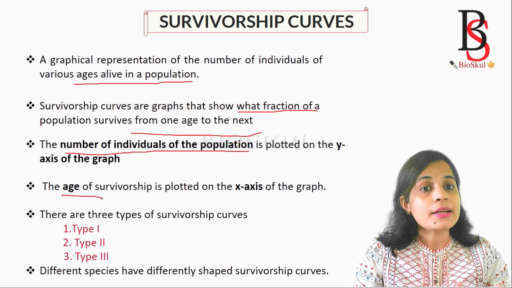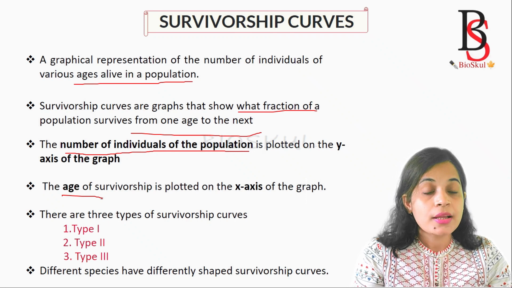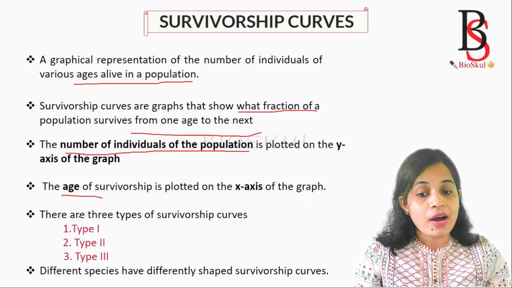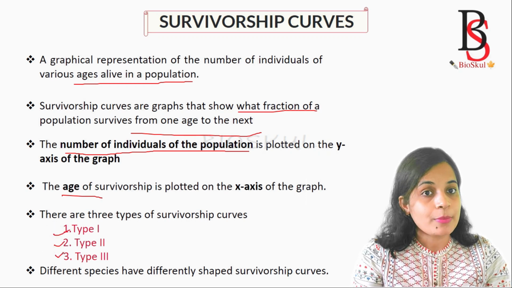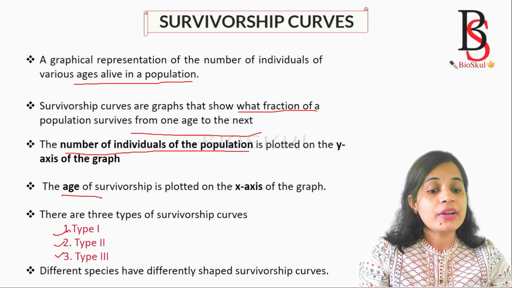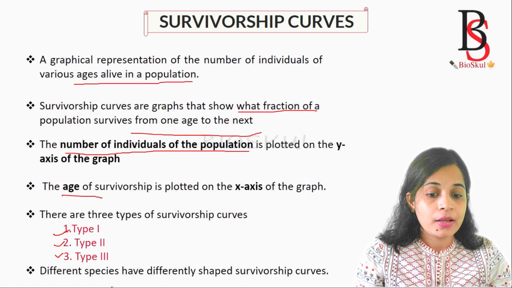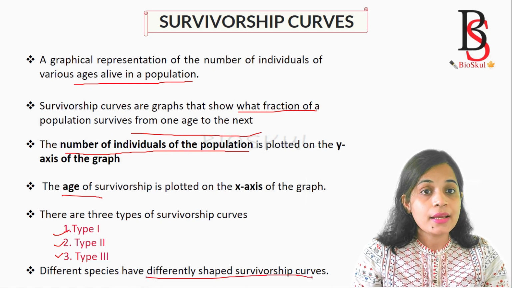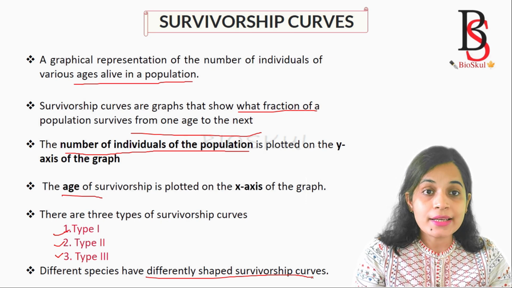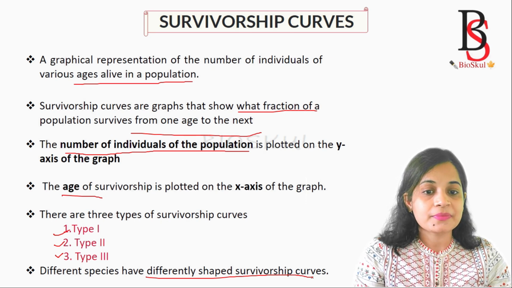Now, what are the types of survivorship curves? The types are type 1, type 2 and type 3 survivorship curves. Different species have different shaped survivorship curves. Let's see each survivorship curve one by one with their characteristics and examples.